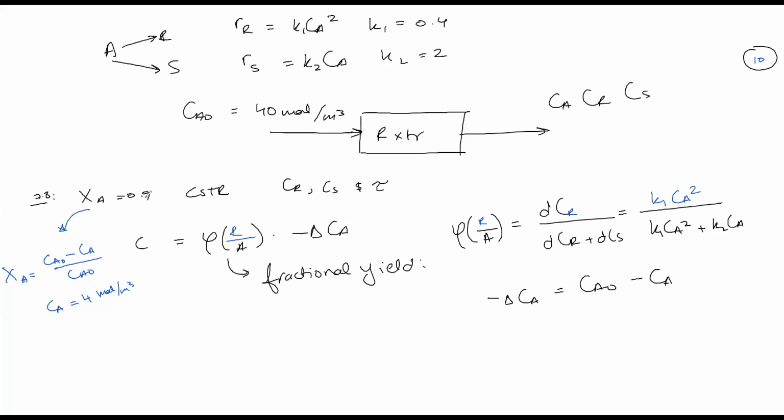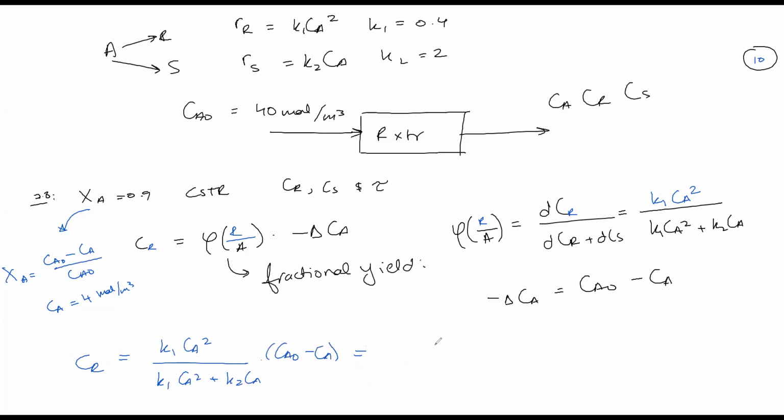And again, CR, the outlet concentration, is equal to the fractional yield multiplied by the change in the reactant moles. So CR is equal to K1 CA squared divided by K1 CA squared plus K2 CA, multiplied by CA naught minus CA.